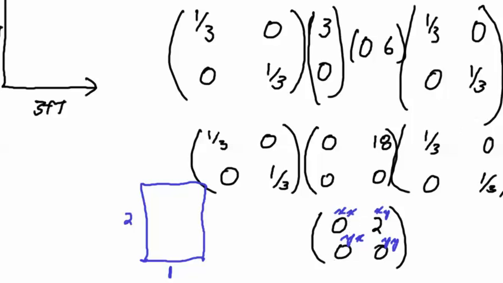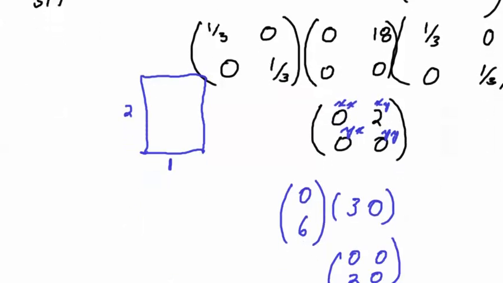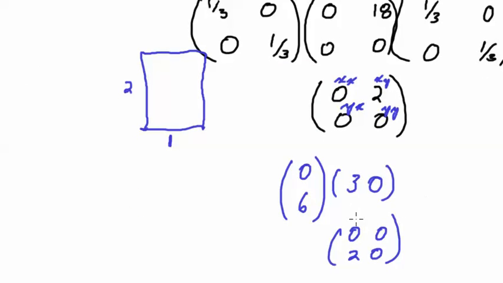So this is kind of keeping track of some kind of order. Down here I built 6 yards in the y direction followed by 3 yards in the x direction. I did not build in the x direction followed by the y direction, so this is 0 and this is 2. In fact, if I were to follow something like this up with a cross product, we'd actually end up subtracting those two terms.